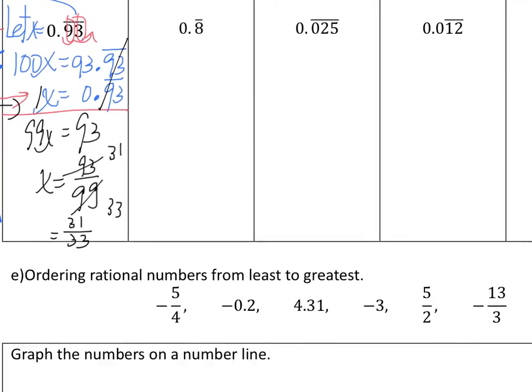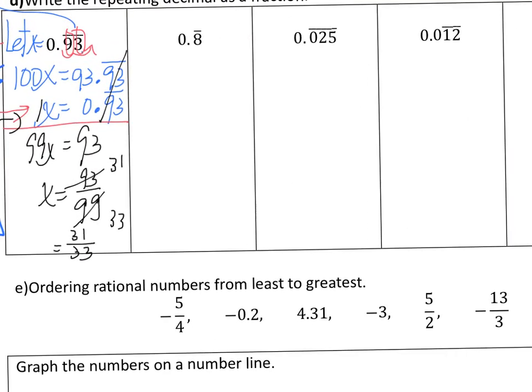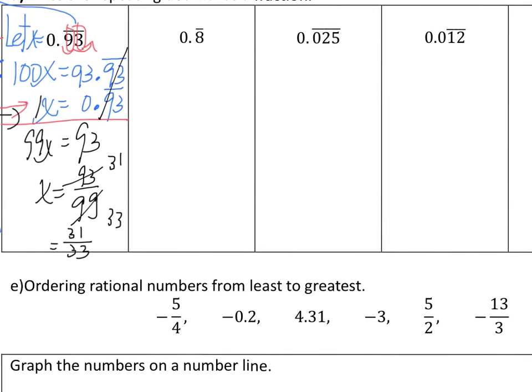So again, I could just do the shortcut. I only have 1 digit repeating, so I can just say 8 over 9. And if you don't believe me, let's let x equal 0.8 repeating, because I only have 1 digit repeating.